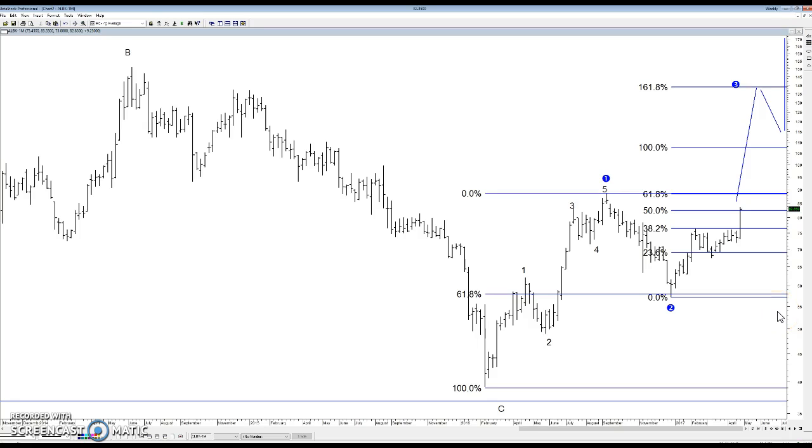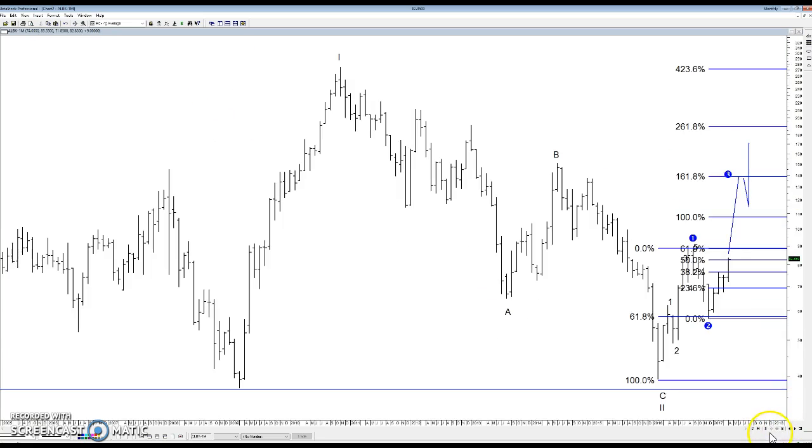So there's a lot of promise in this counter, and if we were to stay long, it might turn out to be extremely profitable. Because again, if you look at the larger picture, what are we looking at? Go back to the monthly chart. This is a wave 1, this is a wave 2, and if a wave 3 has to come, the wave 3 would extend to 1.61 times wave 1.